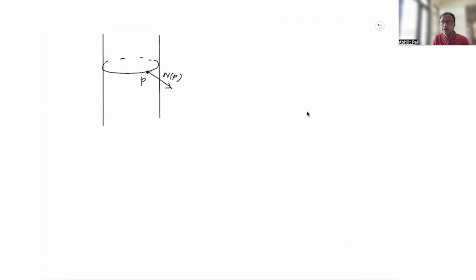We have taken the outward unit normal vector, and we also got the principal directions.